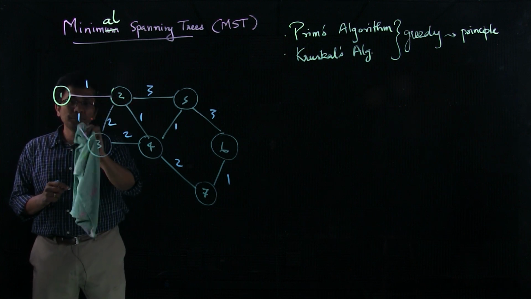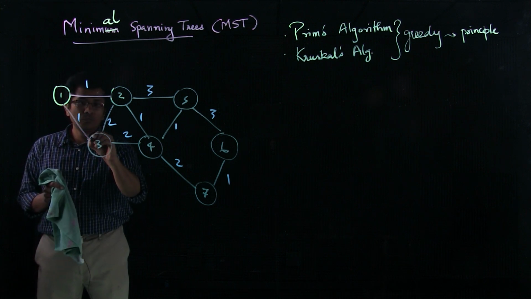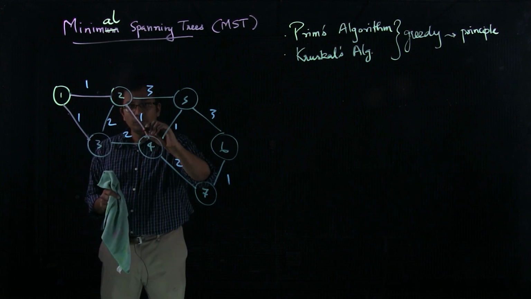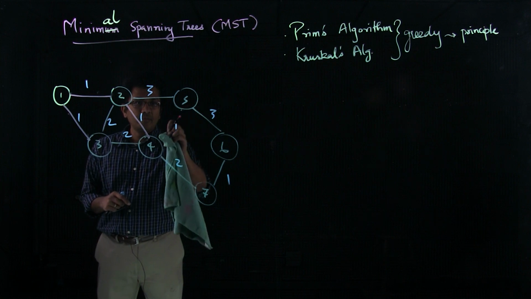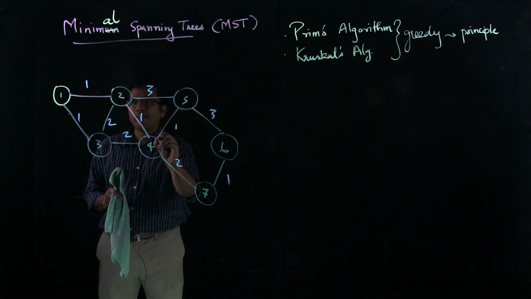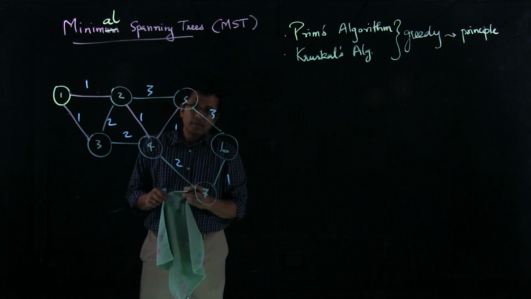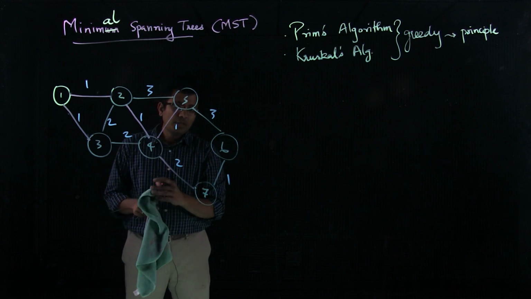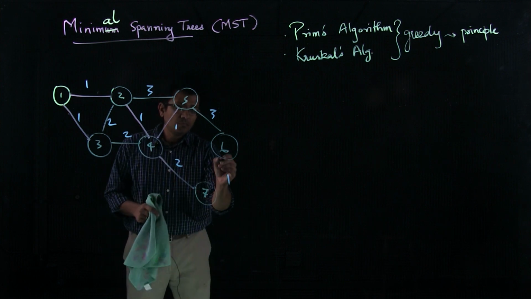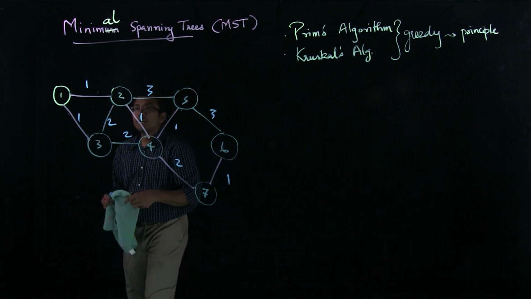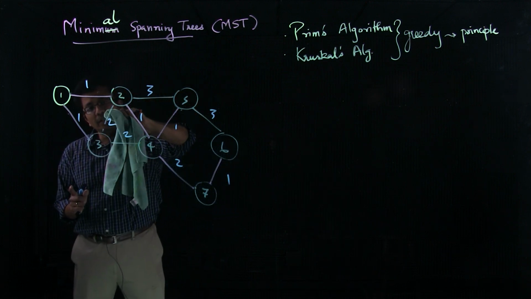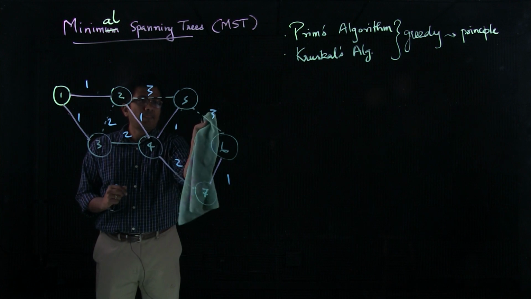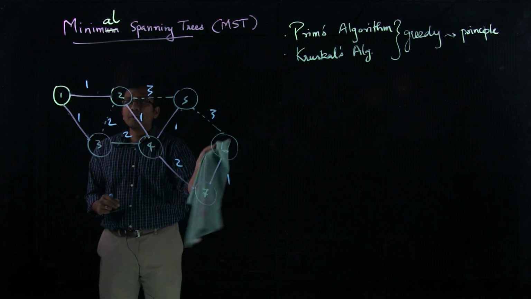Let's say 1 to 3, 2 to 4, 4 to 5, and then 4 to 7 and 6 to 7. The other edges are not going to be part of it, so I'm going to make them dashed. Hopefully you can still see them. So that's going to be the minimum spanning tree.